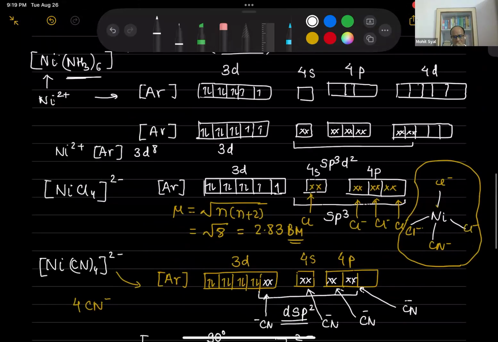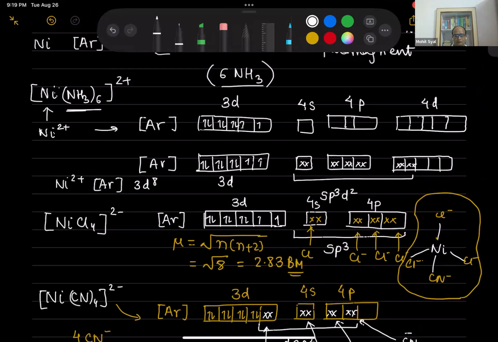So now I think you have clarity. But that clarity came by knowing the nature of the ligands, and how they will affect the electronic configuration of the metal.